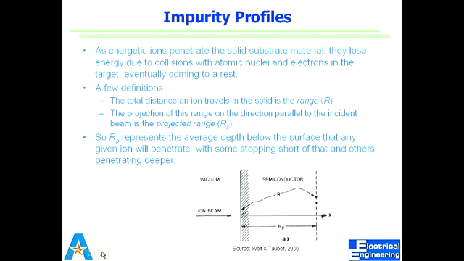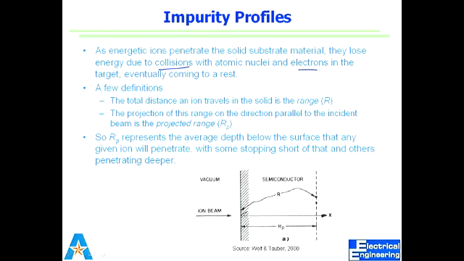These numbers are important because the physical collisions cause the travel to be different for different ions. They lose energy due to collisions with nuclei and electrons, and eventually they stop.